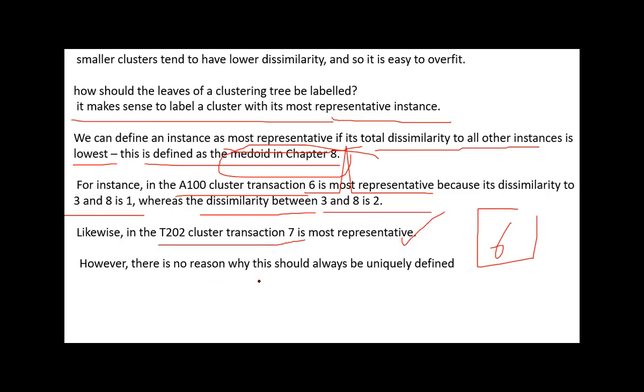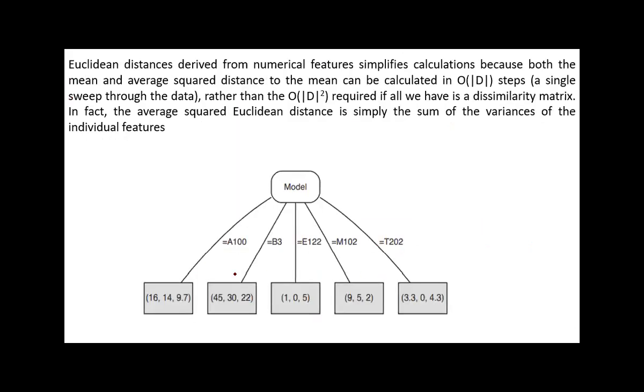However, there is no reason why this should always be uniquely defined. So this is the problem with clustering trees. We will see in chapter 8 what we can do. And similarly, the conclusion: Euclidean distances derived from numerical features simplify calculations, because both the mean and average square distance to the mean can be calculated in order of d steps rather than order of d square required here.